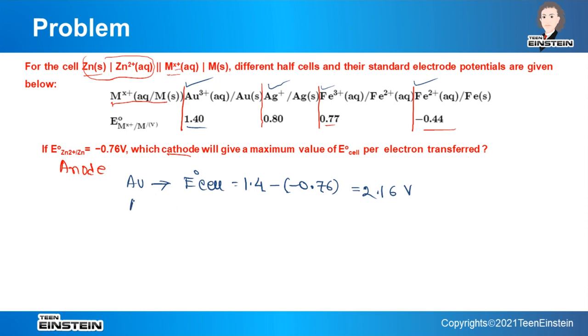Then we have the silver system, for which E0 cell will be 0.8, minus will be cancelled, I am directly writing 0.76.